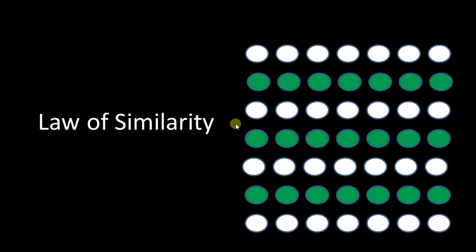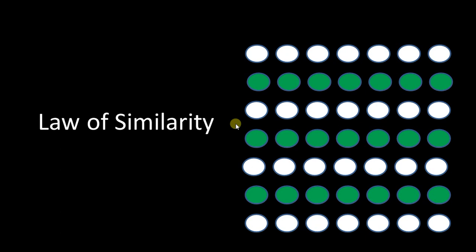And when we look at these circles, we perceive them as 2 rectangles. All the white colored circles are perceived together as a rectangle, and all the green colored circles are perceived as another rectangle.